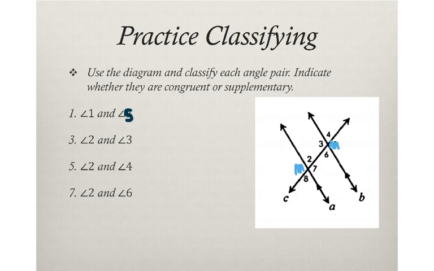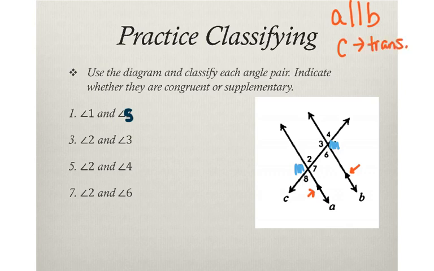Now, before we actually go through, let's just identify what are lines that are parallel and then which one is our transversal. So remember, these little arrows indicate the parallel lines. So that means line A is parallel to line B, and line C is the transversal.